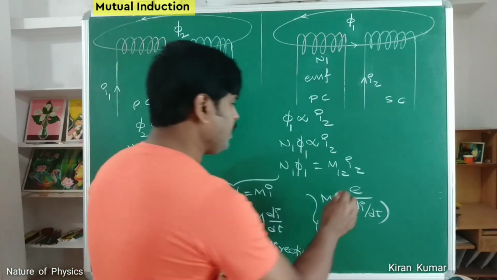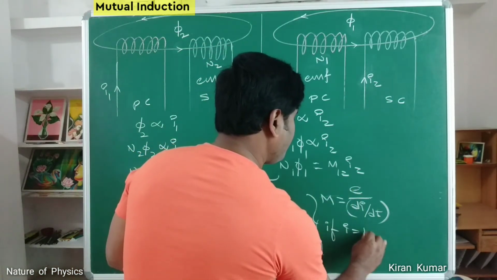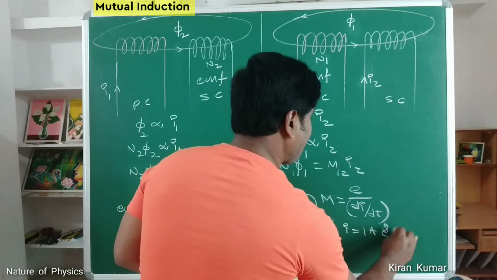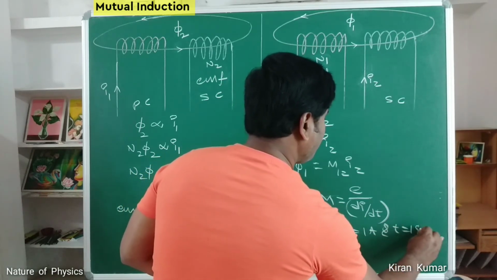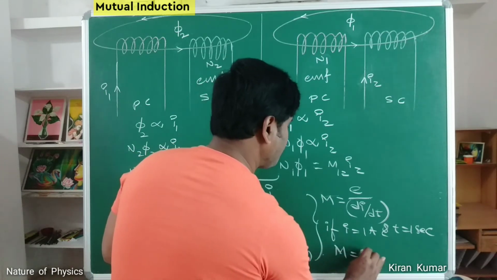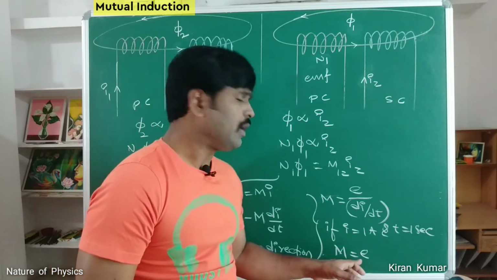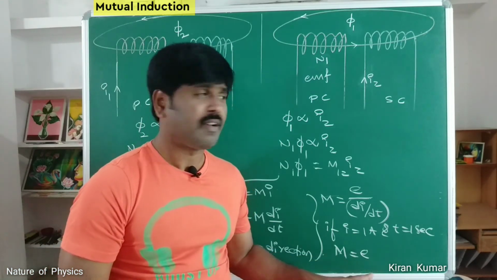If the current changes at 1 ampere in a time of 1 second, then M, the coefficient of mutual induction, is equal to the EMF induced in the coil.